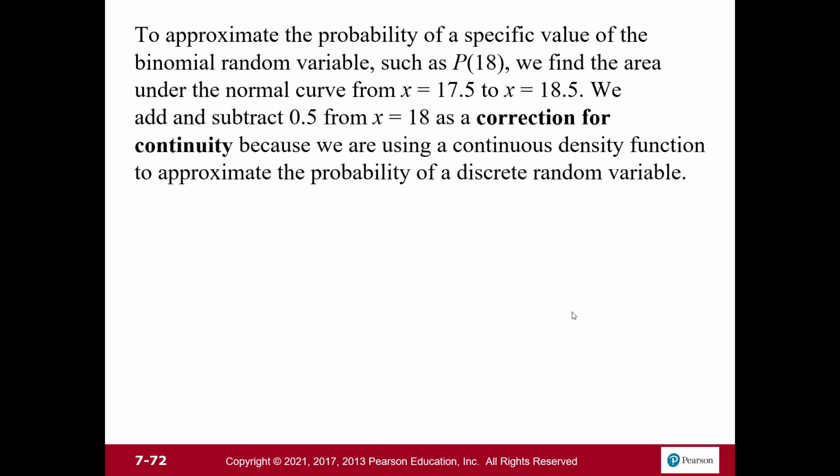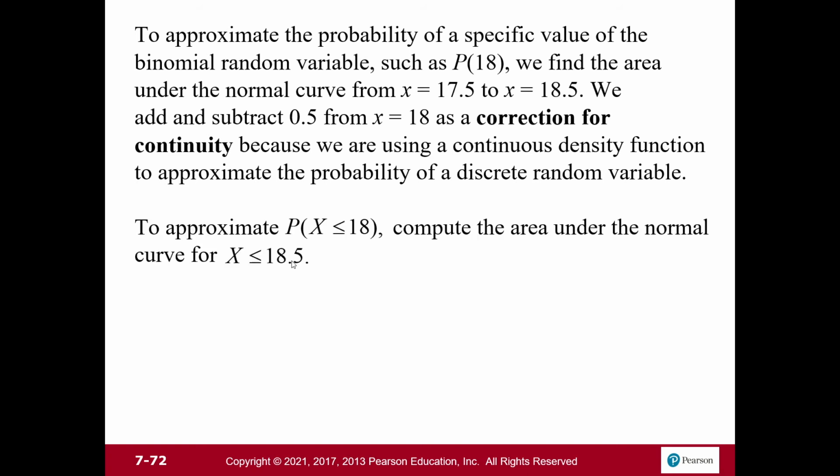So to approximate the probability of a specific value, such as P of 18, we find the area under the curve from x is 17.5 to x is 18.5. We add or subtract 0.5 from x equals 18 as a correction for continuity because we are using a continuous density function to approximate the probability of a discrete random variable.